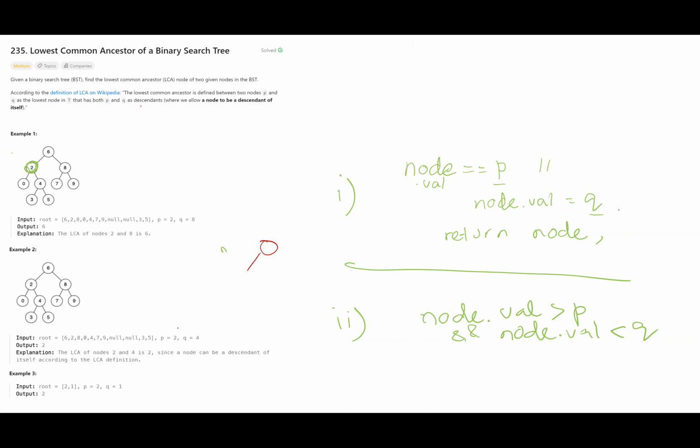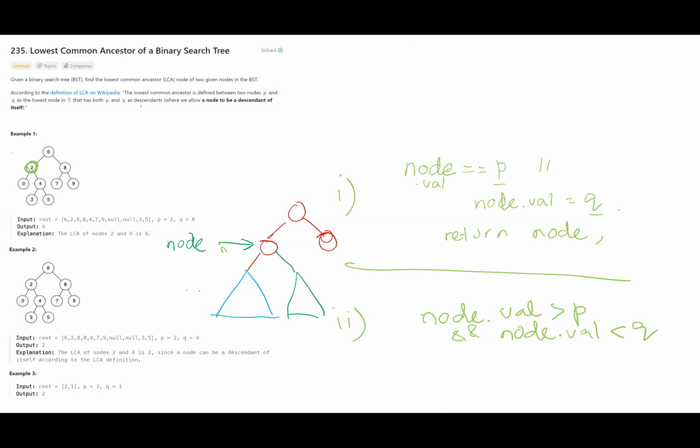There are some other things here and there, and that is fine. After reaching here, I find that this is my left subtree and this is my right subtree. I have reached this node, and I see that my node's value is greater than P. That means where is P?